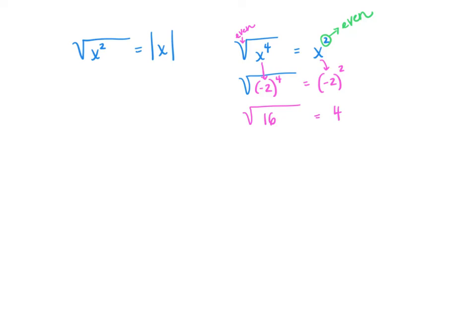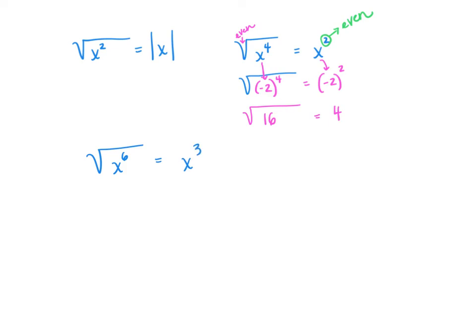So when you're dealing with even roots, there will be times where you don't need the absolute value. Now let's do another one. Let's go a little further and say, what about the square root of x to the 6th power? Your natural instinct is to say x to the 3rd.